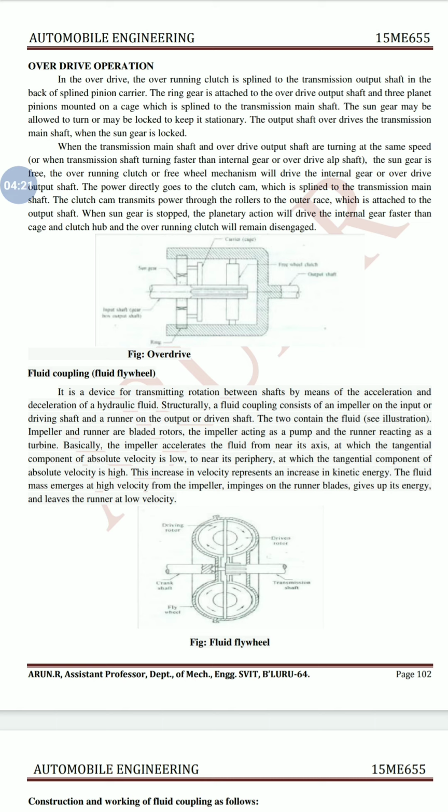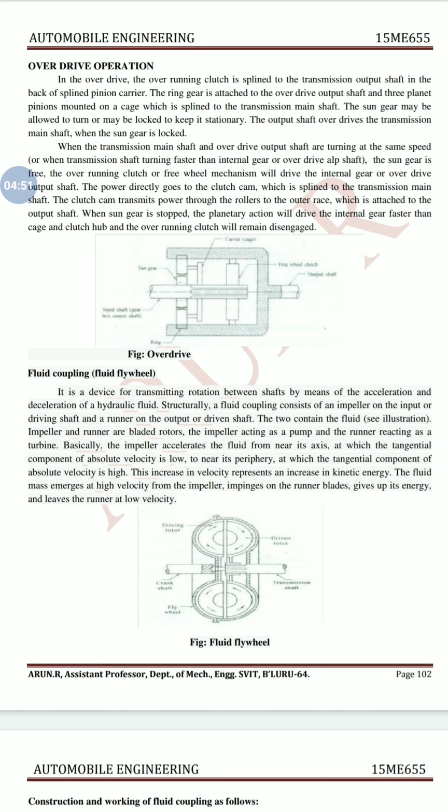The fluid coupling is filled with hydraulic fluid and consists of an impeller, which acts as the input or driving shaft, and a runner, also called the driven shaft. When the impeller accelerates, the fluid comes out tangentially at a higher velocity, with greater kinetic energy.